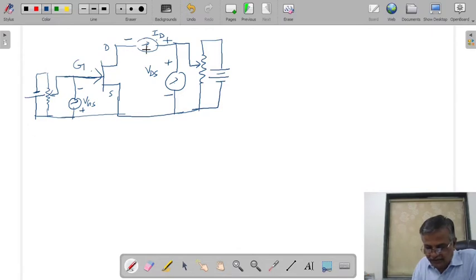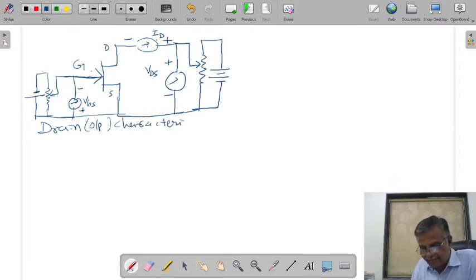First, I want to take the drain characteristics, or it is called output characteristics. Keep VGS 0. I am giving VGS 0 voltage. So 0 means you can switch off this power supply, meaning VGS is 0.